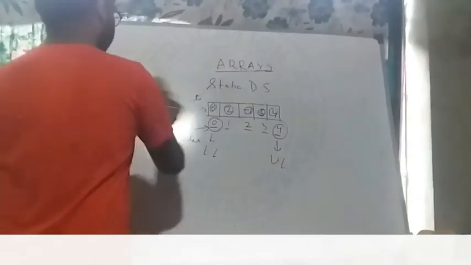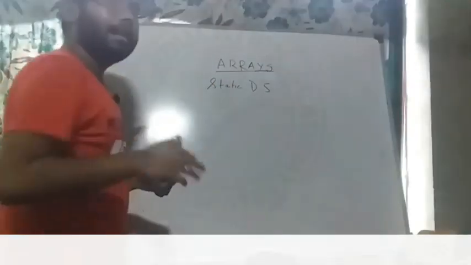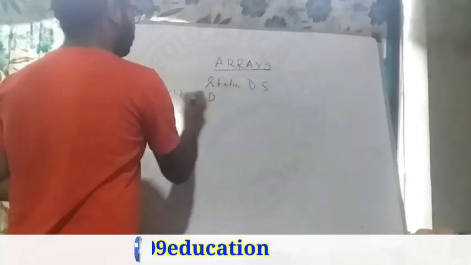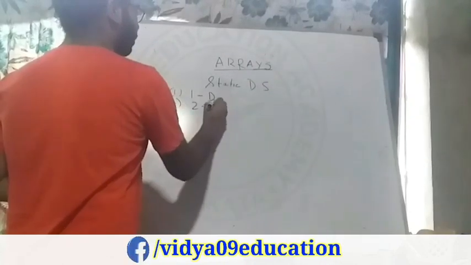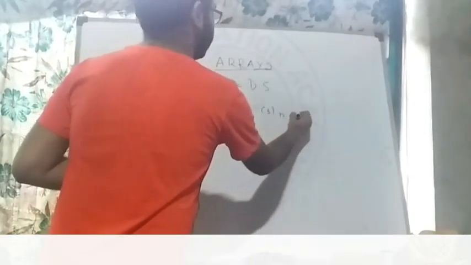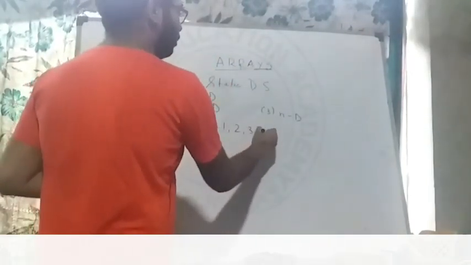Okay. So what are the types of array? Array has many types, like one-dimensional, two-dimensional. We can write n-dimensional, where n is some positive integer like 1, 2, 3.